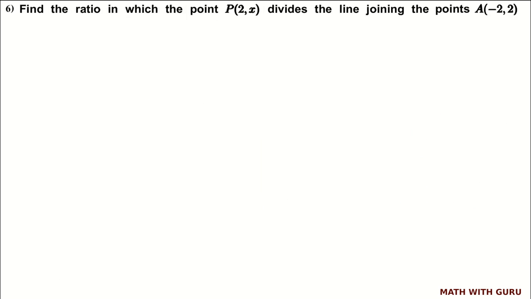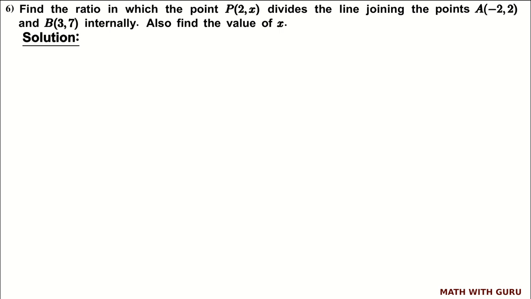Sixth question. Find the ratio in which the point P (x, y), whose coordinate here is x, divides the line joining the points A(-2, 2) and B(3, 7) internally. Also find the value of x.